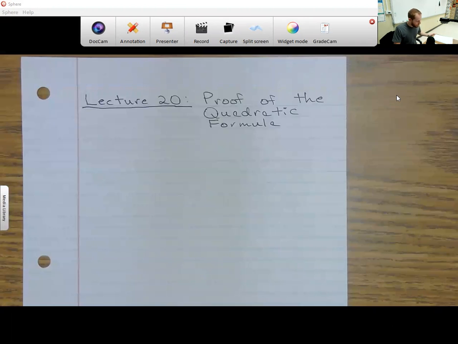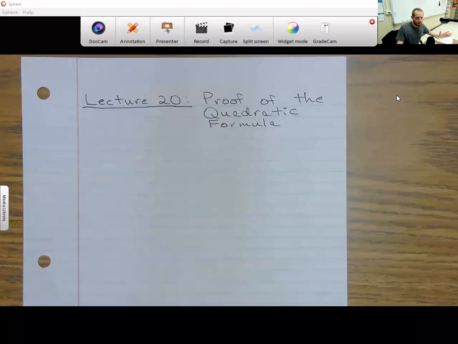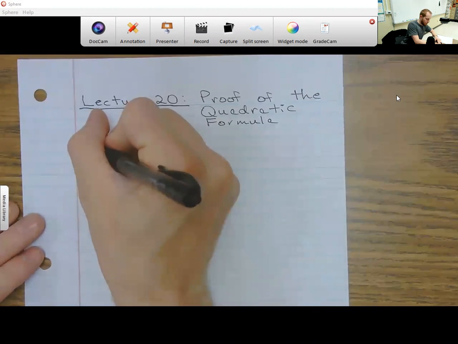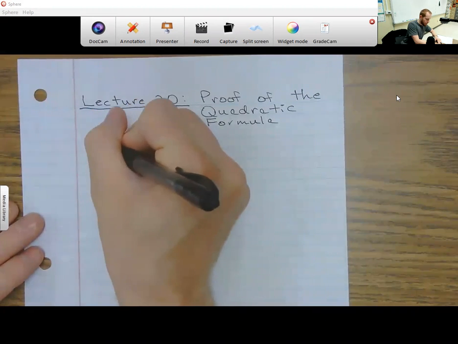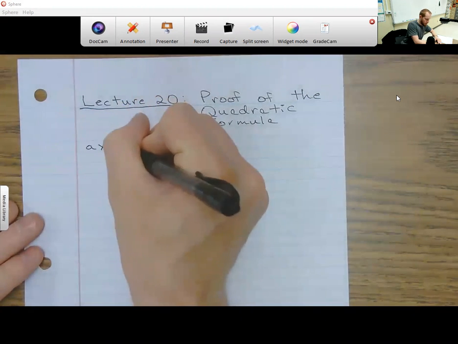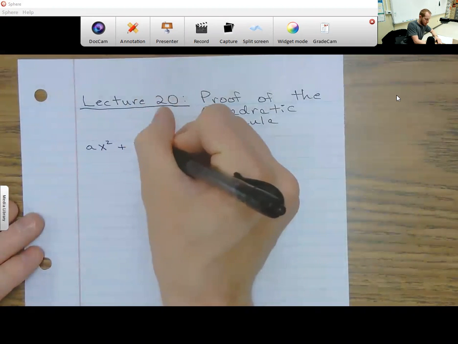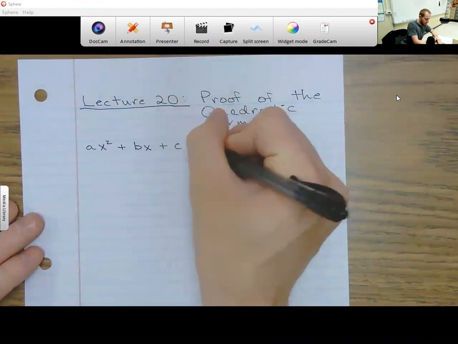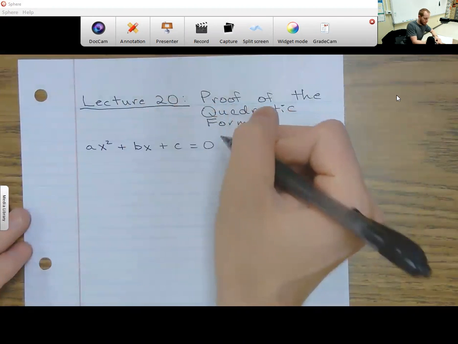So when we first started off with quadratic equations, we said that the thing that tells you whether it's quadratic or not is the highest exponent. So a quadratic equation is going to look like this. You're going to have ax squared plus bx plus c equals 0.